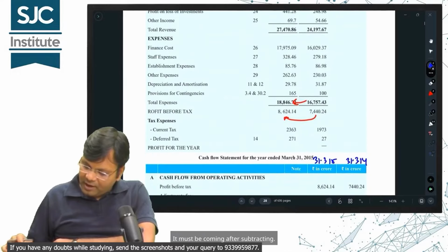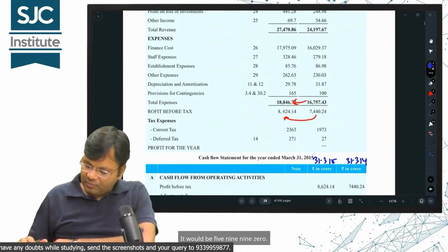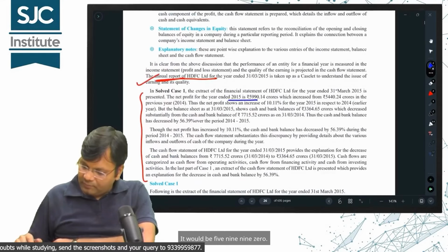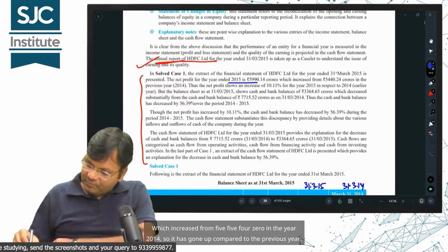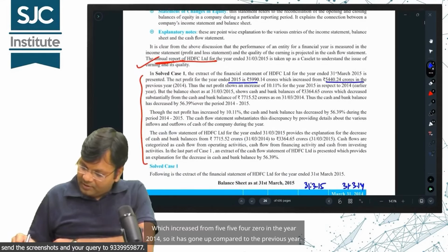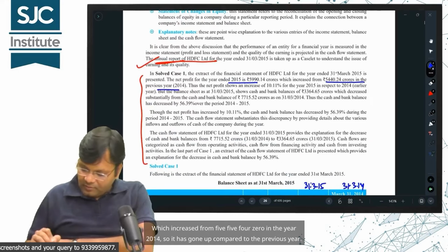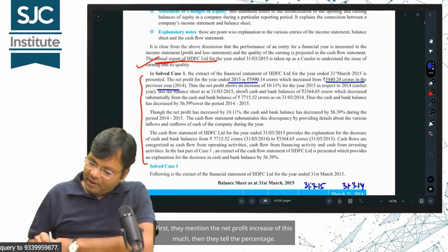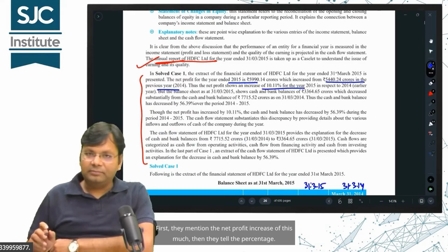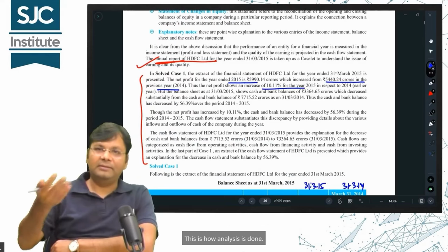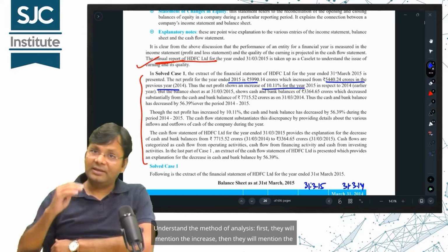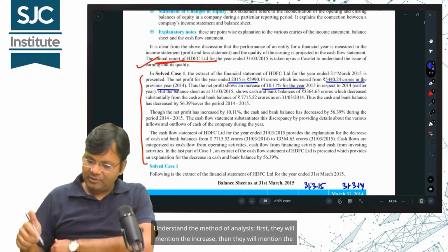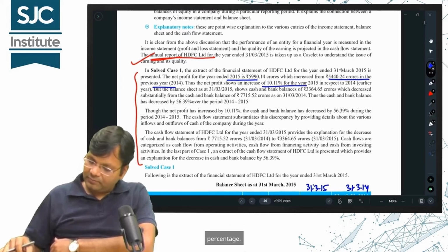It must be coming after subtracting. It would be 5990, which increased from 5540 in the year 2014, so it has gone up compared to the previous year. First, they mention the net profit increase of this much, then they tell the percentage. This is how analysis is done. Understand the method of analysis. First, they will mention the increase, then they will mention the percentage.